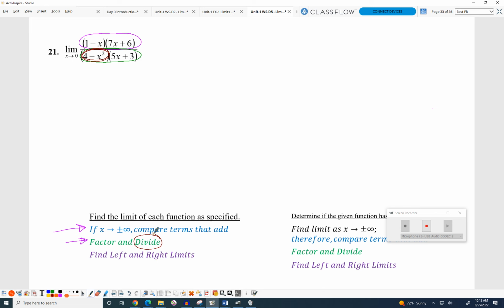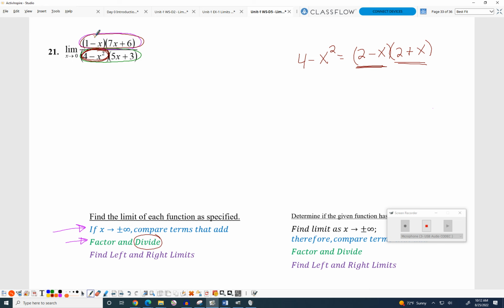So factoring this more isn't going to help, because 4 minus x squared can be rewritten as 2 subtract x multiplied by 2 plus x. But I don't have a 2 minus x factor or a 2 plus x factor in the top, so there's no need to factor.